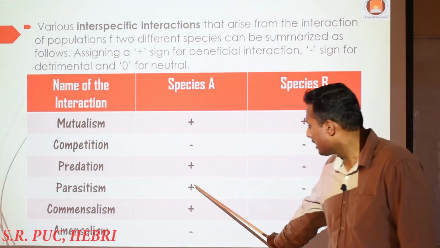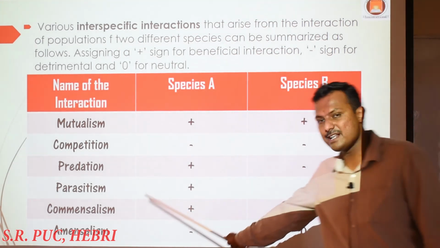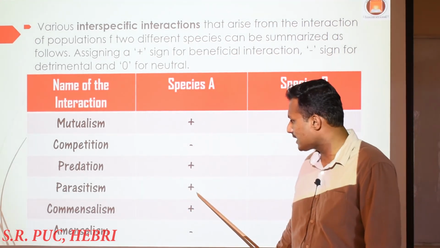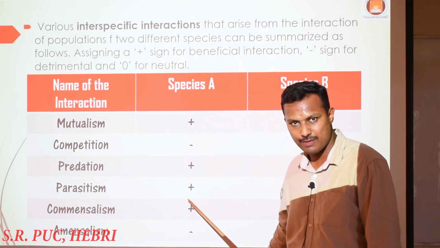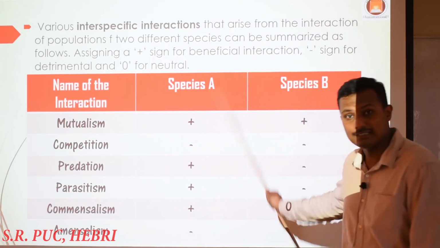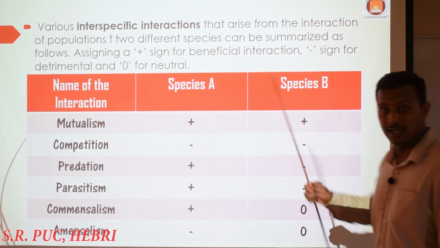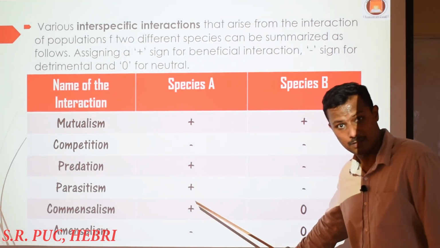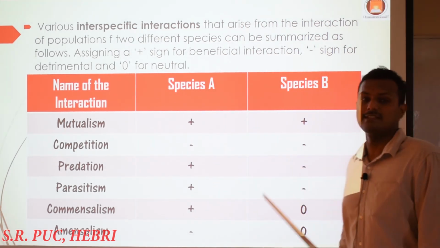So this is benefited, this is harmed. If species A is the parasite, it gets benefited, whereas the other one on which the parasite depends, called the host, is getting harmed.